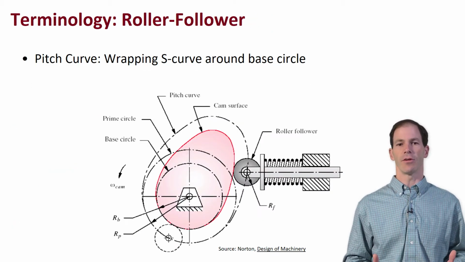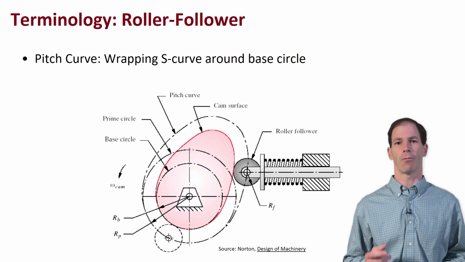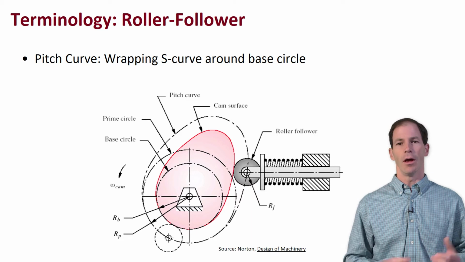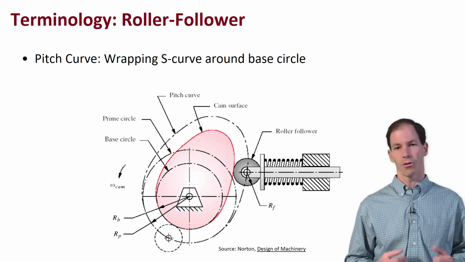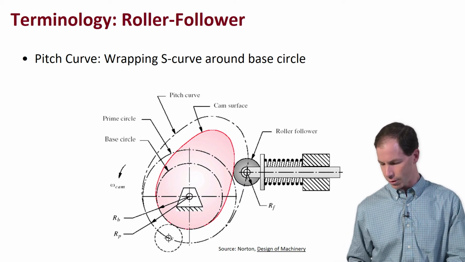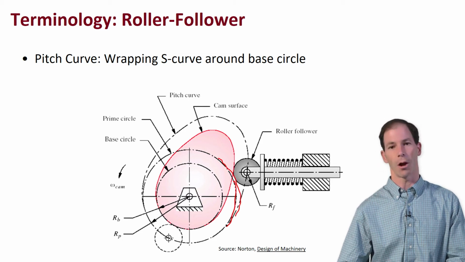And the focus of this is really looking at the pitch curve, which is our S profile that we are wrapping around our base circle. Or actually in this case, a prime circle because we have a roller follower. So our prime circle here is shown in the circle that would have its center right here. So that would be our prime circle.